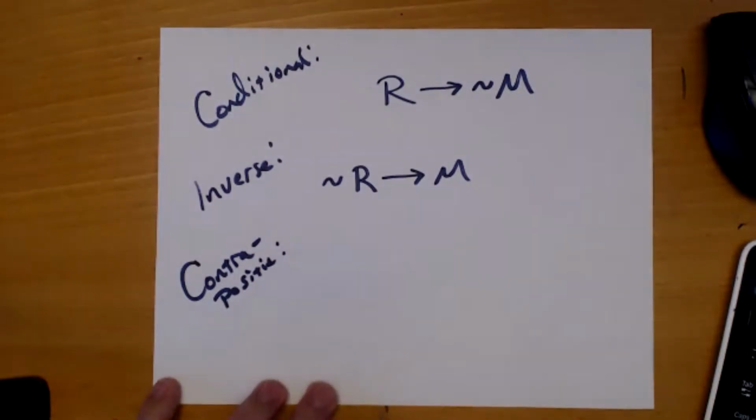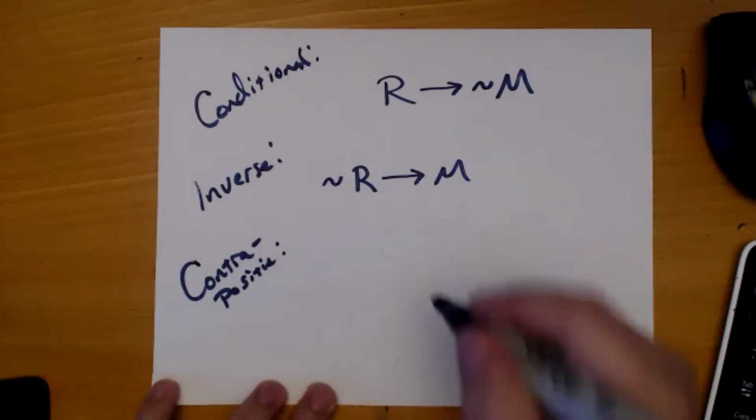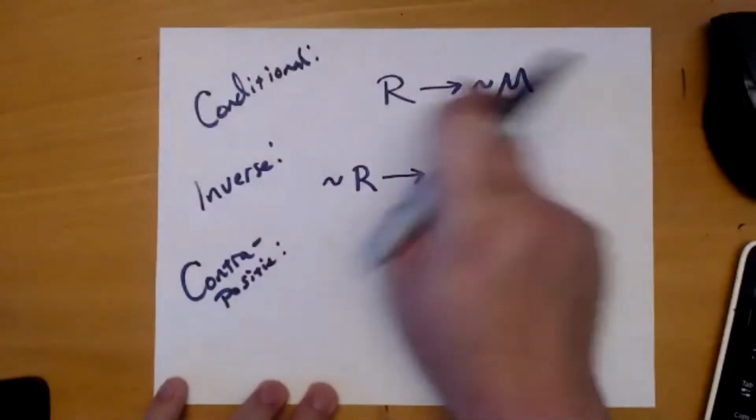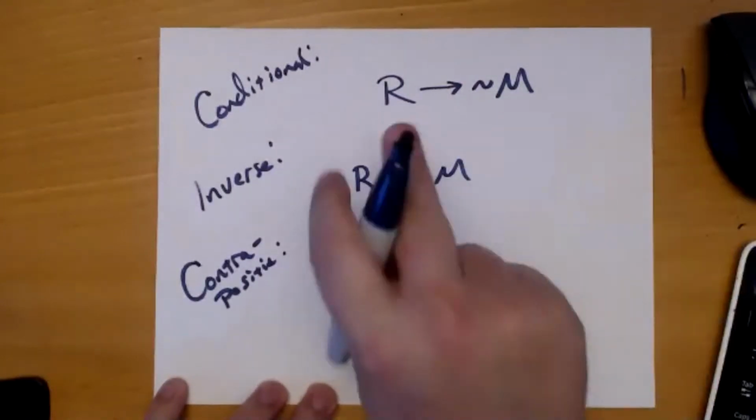What's my contrapositive? You flip them around and you make them negative. You do both.